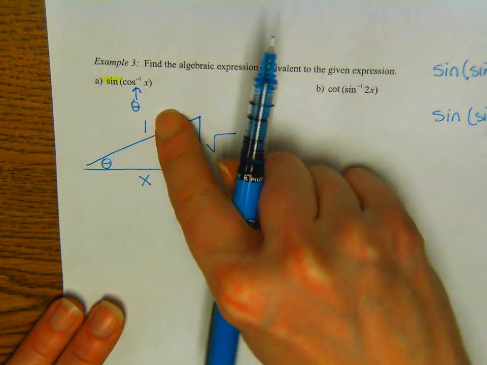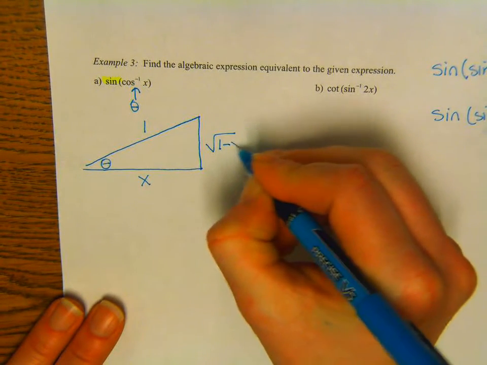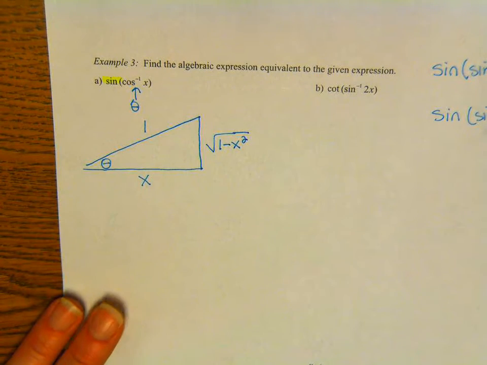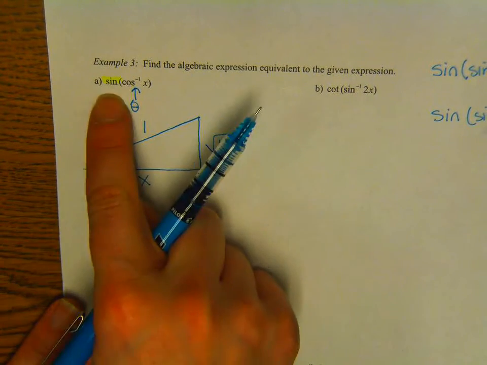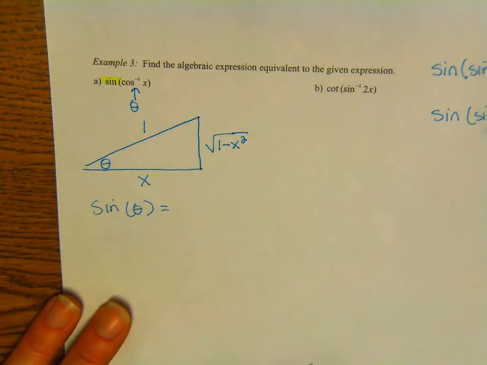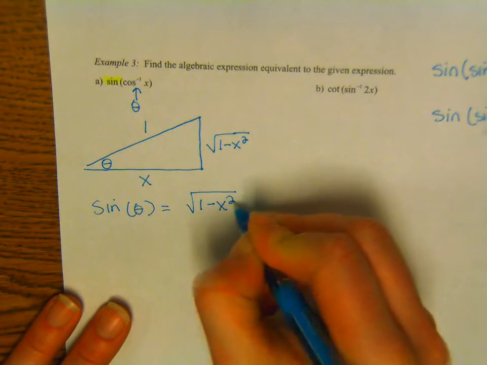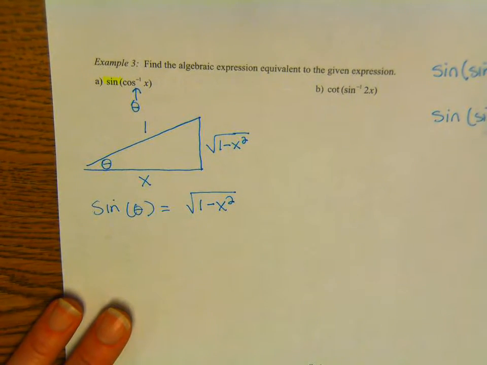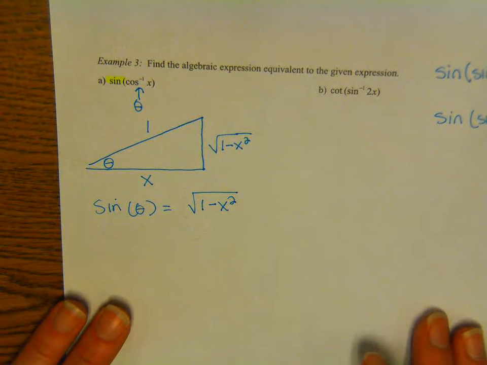So this leg should be the square root of 1 squared minus x squared. And we're going to leave it like that. This is just an expression in terms of x. We can't get it exactly, but now we know sine, so sine of theta is opposite, which is the square root of 1 minus x squared, over hypotenuse, which is 1. So you don't have to write the 1 down if you don't want.